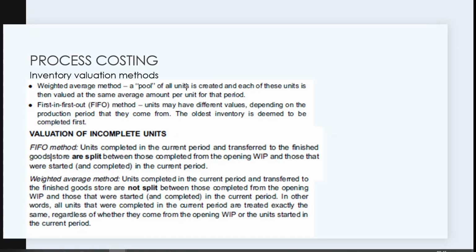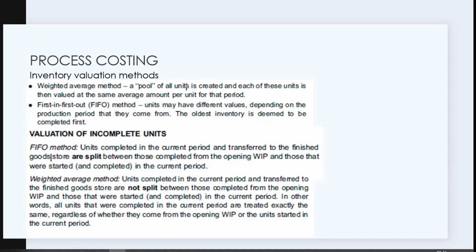Now, when it comes to the valuation of the incomplete units, under the first in, first out method, the units completed in the current period and transferred to finished goods are split between those that are completed from the opening WIP and those that have been started in the current month.